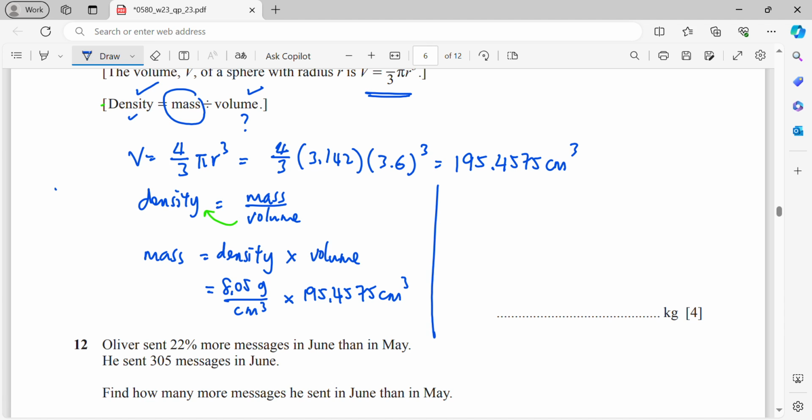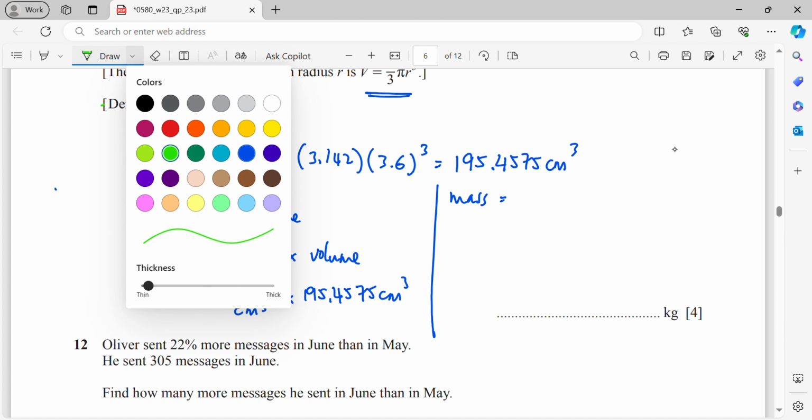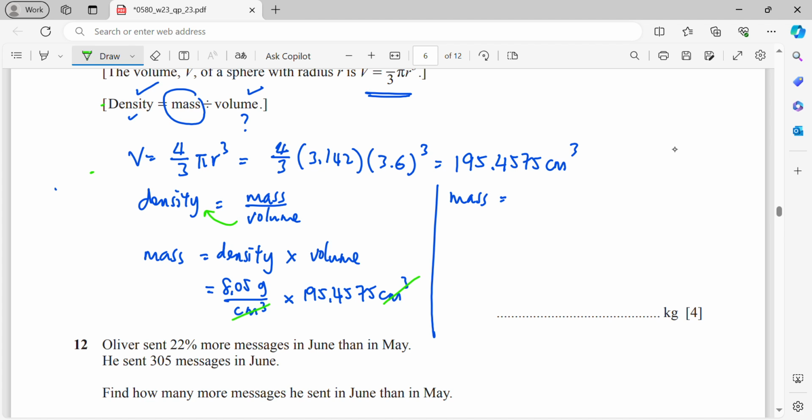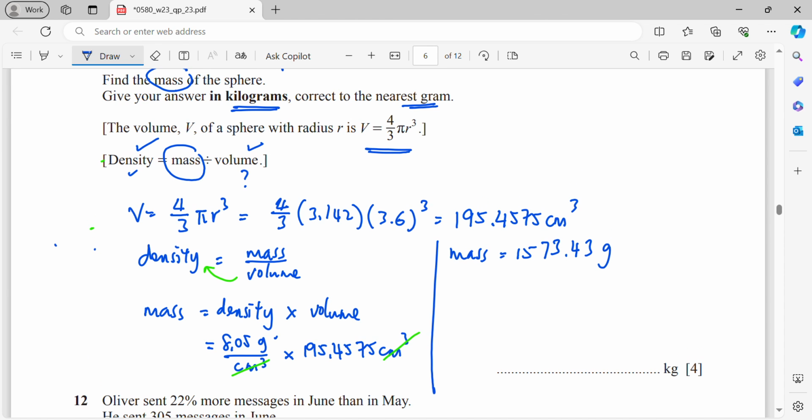Then here I will get... Now when you look at the calculations here, the centimeter cube is cancelled. Therefore I will be getting 1573.43 grams, because the numerator is grams. Now when you look at the question, you need to leave your answer in kilograms. So we know that 1 kilogram equals 1000 grams.